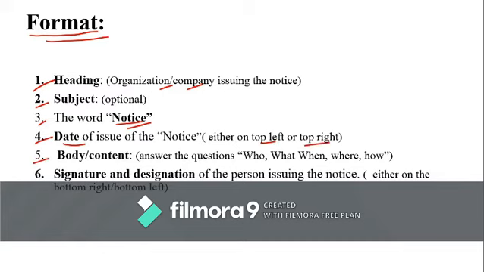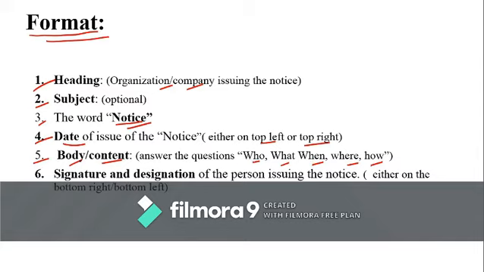After that comes the important part of a notice, which is body or content. The body or content of the notice answers the questions like who, what, when, where and how. For example, who, what is going to happen, when is that going to take place, where and how.